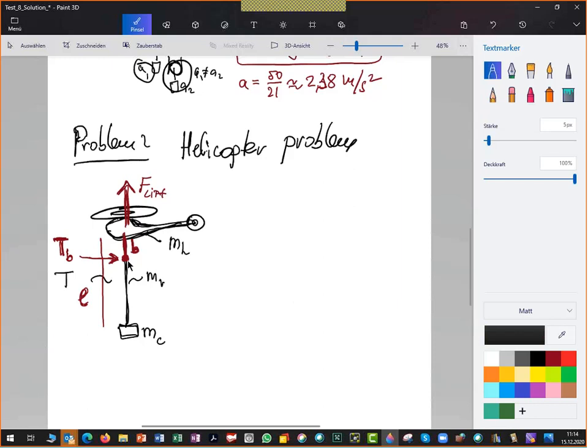I have the mass of the helicopter, the mass of the rope, the mass of my cargo, and I just need to make my force diagrams, make the forces acting, make axes, and apply Newton's second law. So this approach will not work. It will not help us because we will not be able to find the tension in this particular place, the B point.